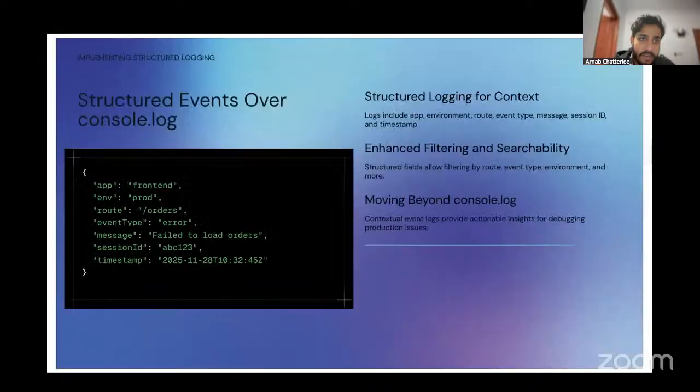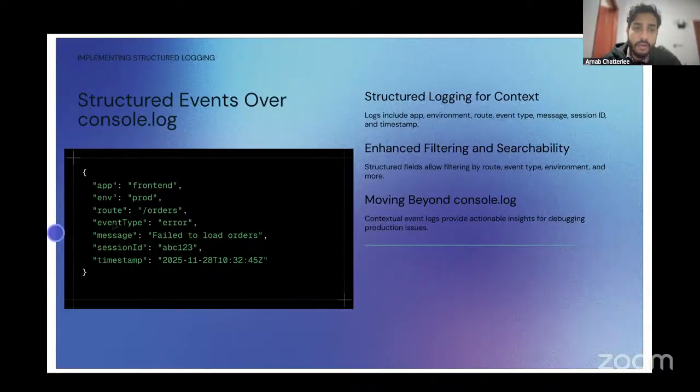In your logging, that you are transferring between front end, back end, and different backend services, you have things like which app is that, which environment is that coming from, which route of that page or the API is, if the event is a failure, or something like success, timed out, and session ID, and something more important I'll talk about, that is the correlation ID of that log.